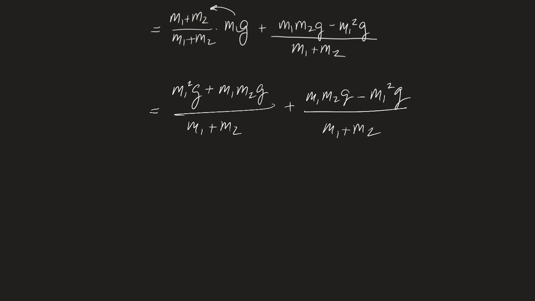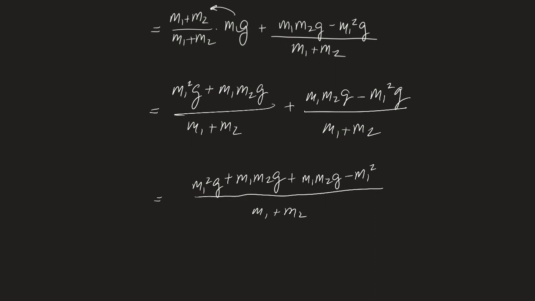I now have common denominators. I can combine my two fractions together. It's yucky, but this is how math works. I have m1 squared g plus m1 m2g plus m1 m2g minus m1 squared g.